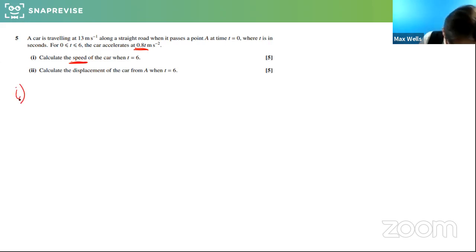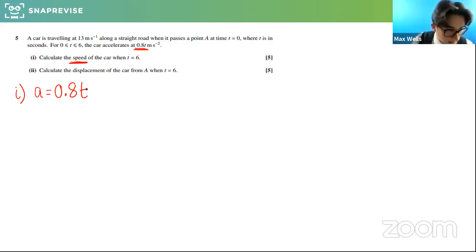First one. We're given that the acceleration is equal to 0.8t. The reason we know that this is variable acceleration is because we're given acceleration as a function of time. In order to get from acceleration to velocity, we need to integrate that. This comes from variable acceleration as a chapter in mechanics. It links to rates of change and working backwards.